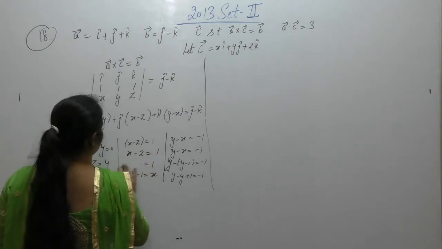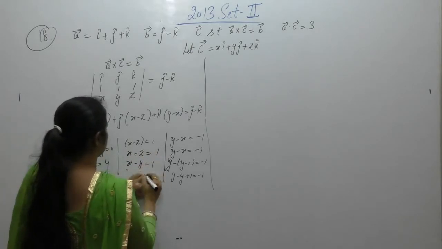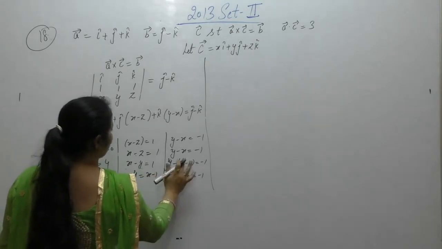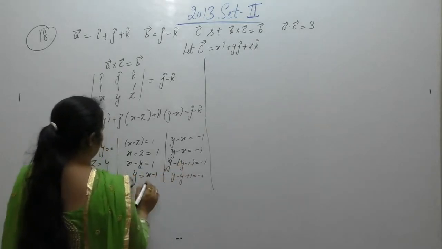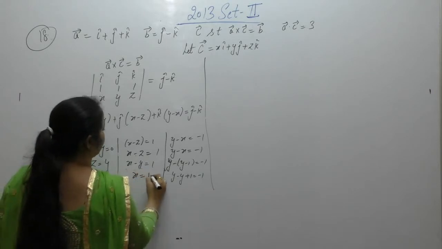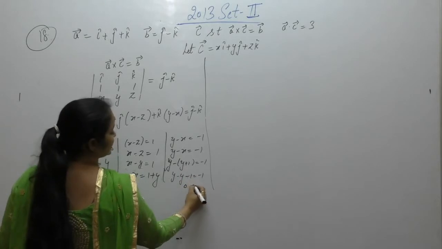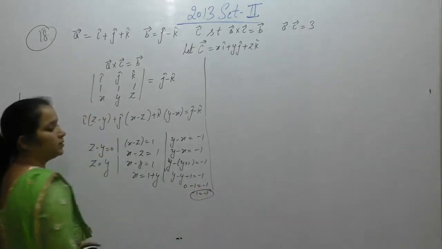Z is y, so x − y is equal to 1, or y is x − 1, or x is 1 + y. Y − y is 0, −1 is equal to −1, so it is true.